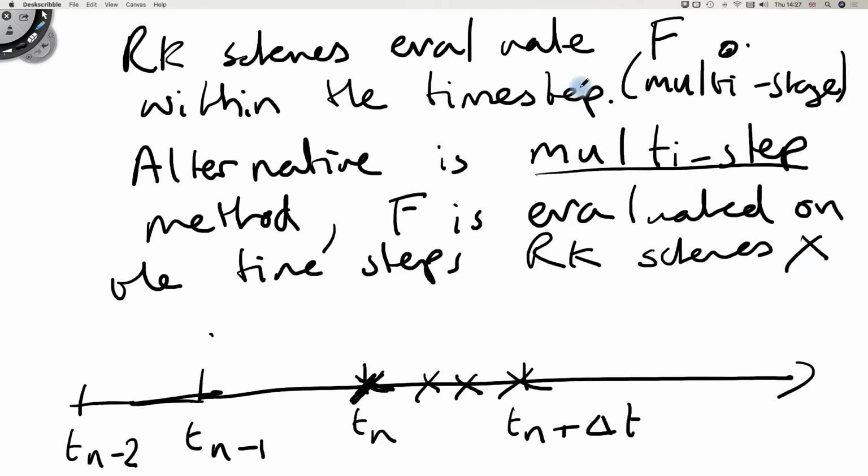The idea with the multi-step ones though is that we think it's a bit of a disadvantage sometimes, and it causes extra computational effort, to calculate the function within there. But an alternative is to actually evaluate it directly on the time step, maybe even Tn minus 2, and that would be a multi-step.